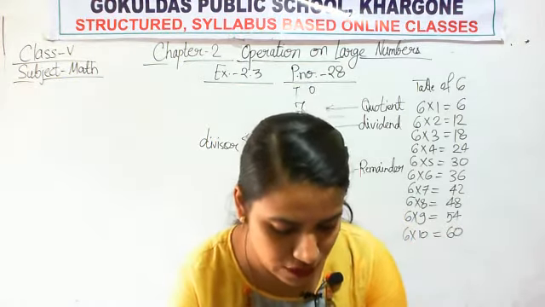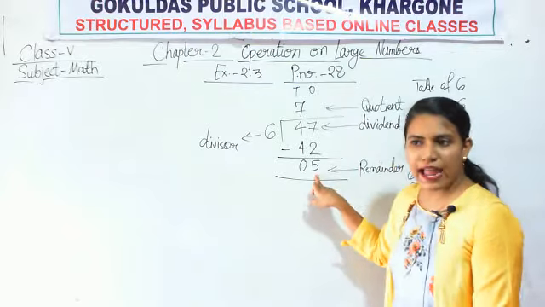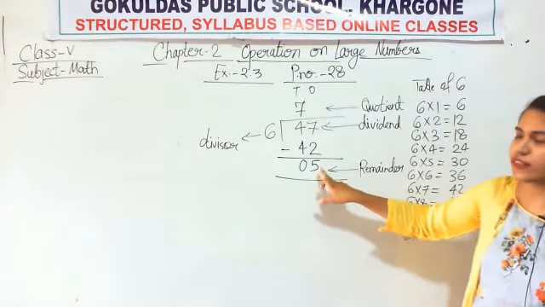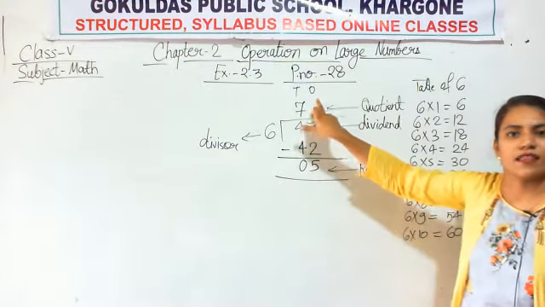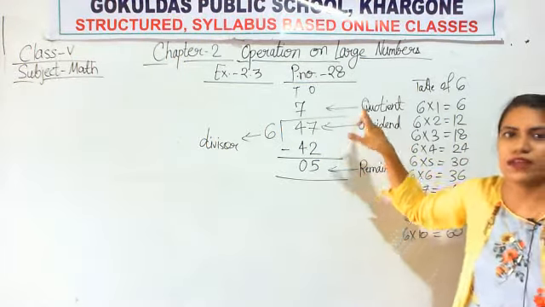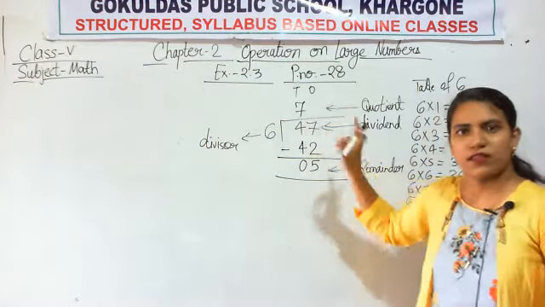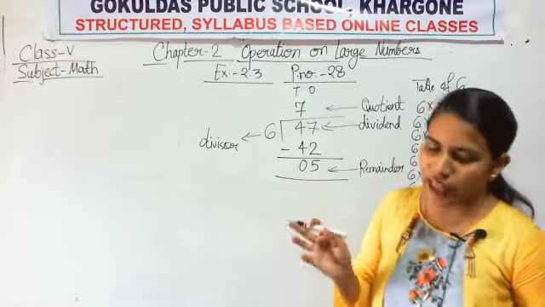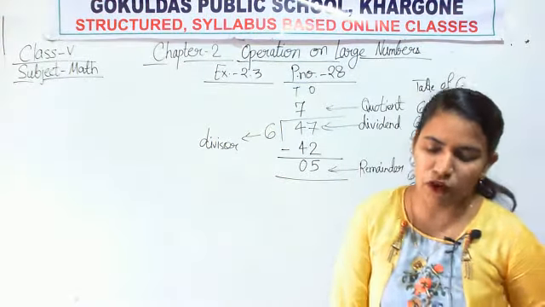The number left at the end of the division is called the remainder, and the result of the division process is called the quotient. You already know, but if you don't, remember which digit you call by what name.